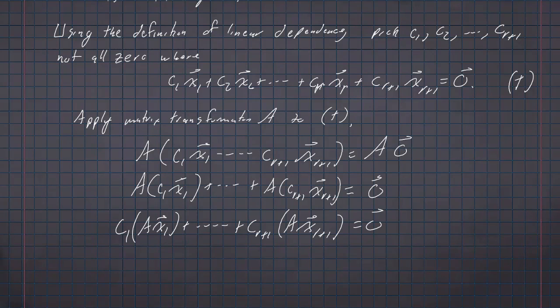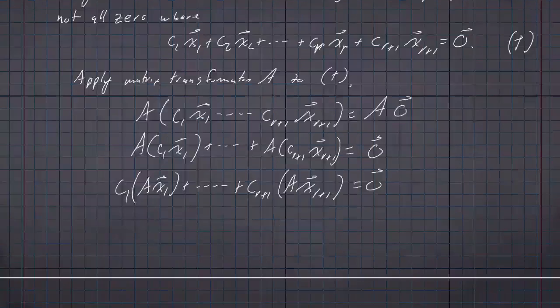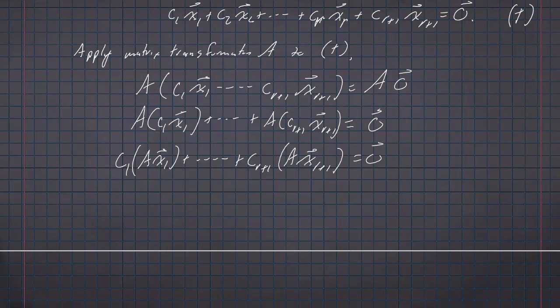And I said that the reason that I wanted to do this was that the vectors x are all eigenvectors of the matrix, which means that if I multiply A times the eigenvector, I will get the eigenvalue times the eigenvector.